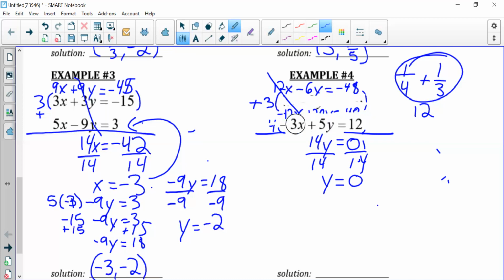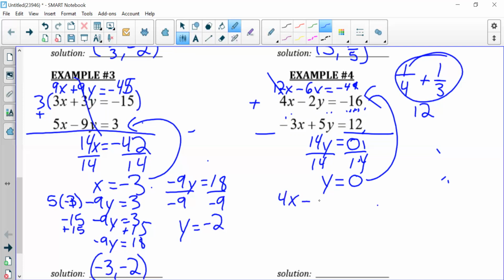In fact, let's do that. Let me unerase them here. Which one do we want to plug y equals 0 into? Does it matter? Not really. Let's just pick the top one. So 4x minus 2 times 0 equals negative 16.